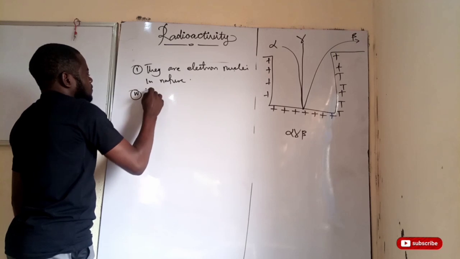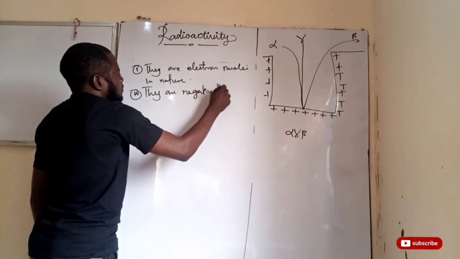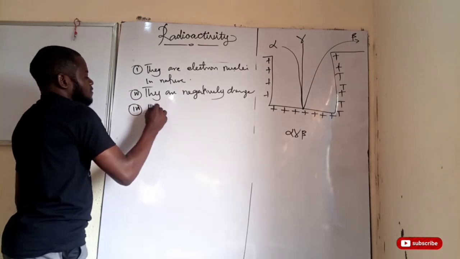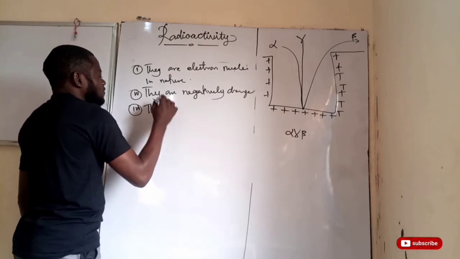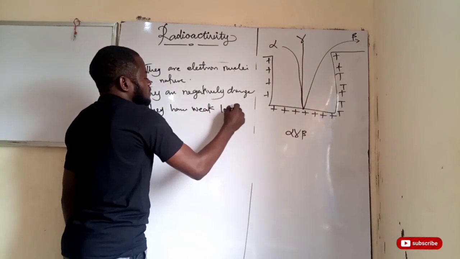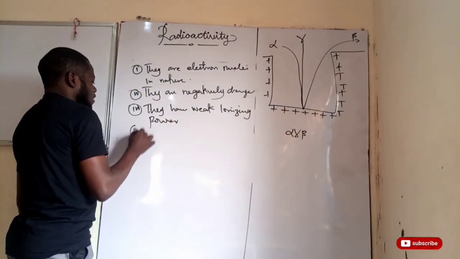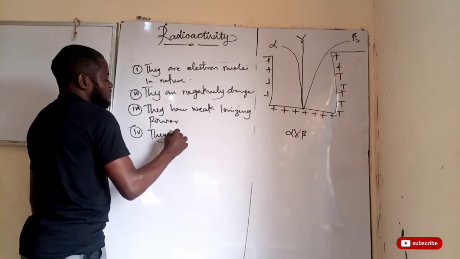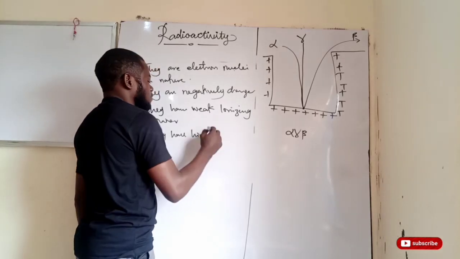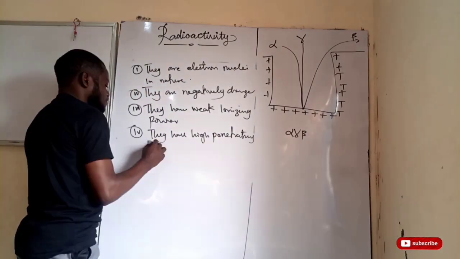And two, they are negatively charged. 3, they have weak ionizing power. 4, they have high penetrating power compared to that of what? The alpha particle. High penetrating power.